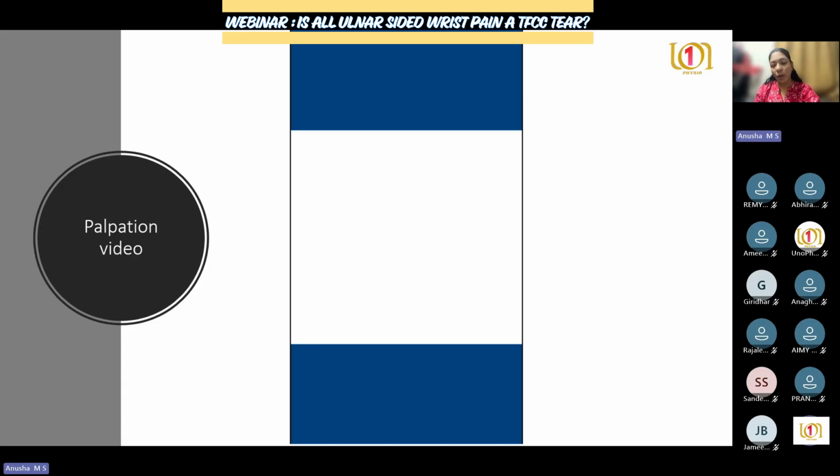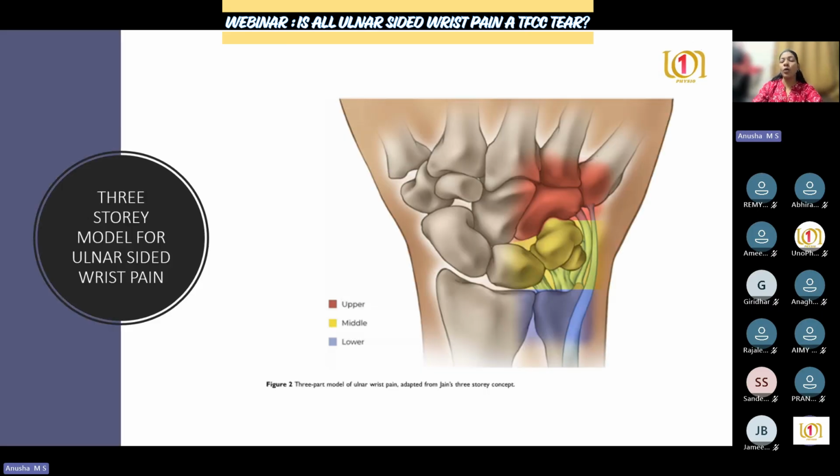Once we palpate the bones and we know how to check the bone position, we are going to go through a diagnosis procedure. We are going to start with the 3-story model for ulnar-sided wrist pain. You can see in the image there are 3 color markings: red, yellow, and violet.